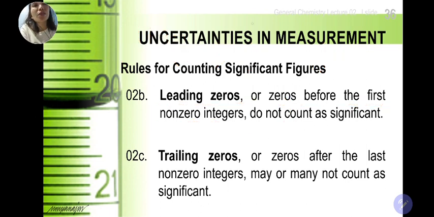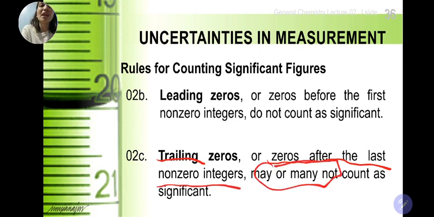Trailing zeros. Yun namang trailing, or the zeros after the last non-zero integer, may or may not count as significant. So, it depends. For example, 1230. So, it depends if it will count as significant.